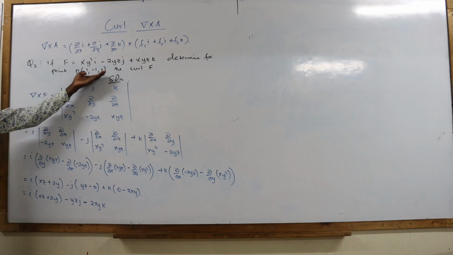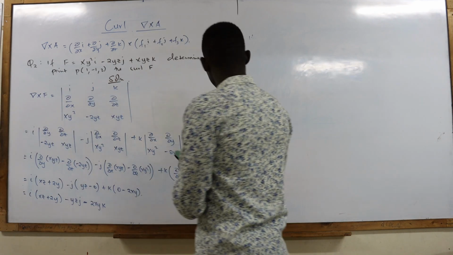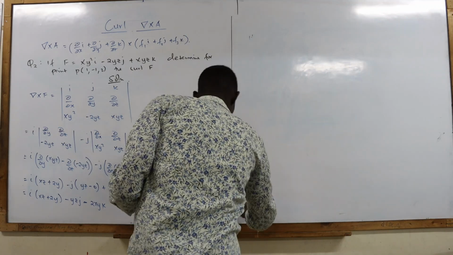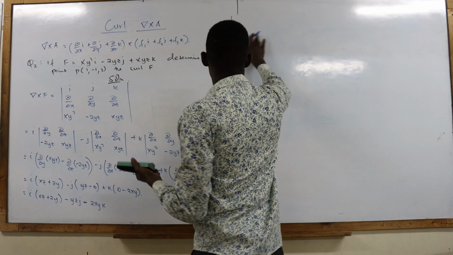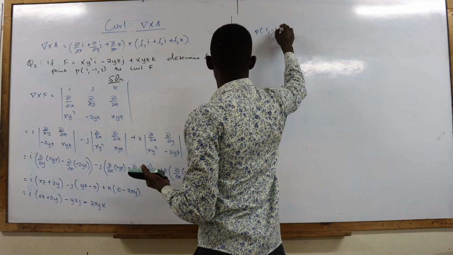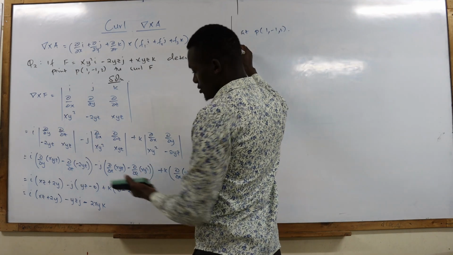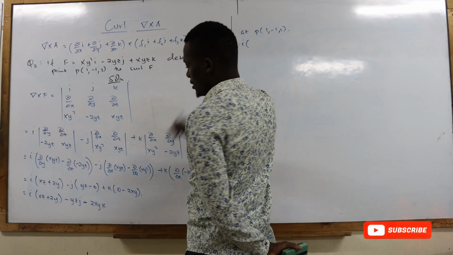So now let's replace at those particular points. At the point (1, -1, 2). So we start with the first one. We have i.